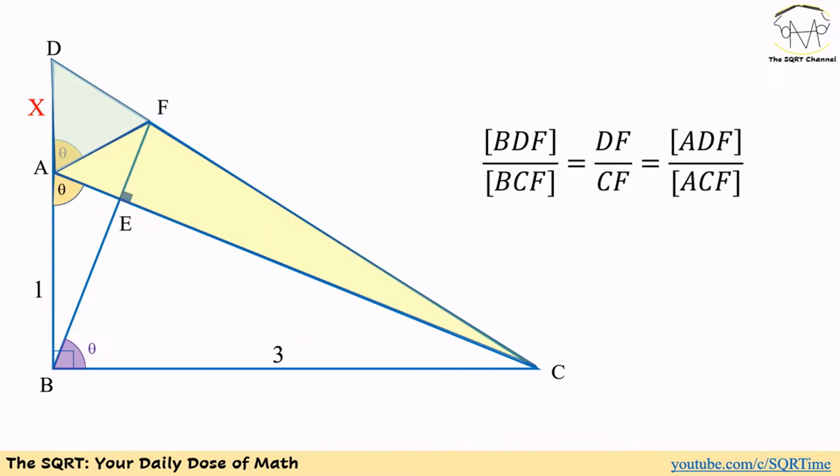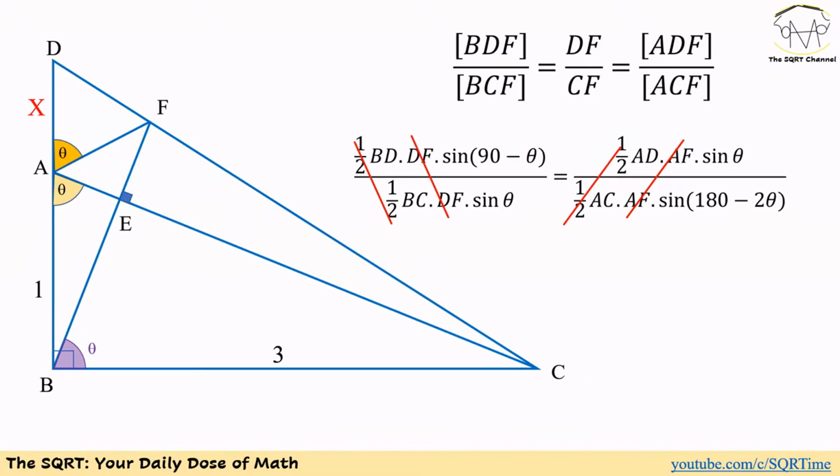Now consider the two triangles that we have here. One of them is green and the other one is yellow. You can verify that these two triangles have a common height. So DF over FC is going to be the ratio between the area that we have for ADF and the area that we have for ACF.